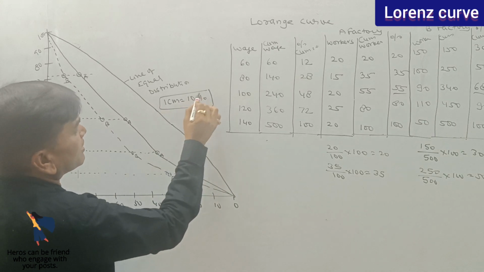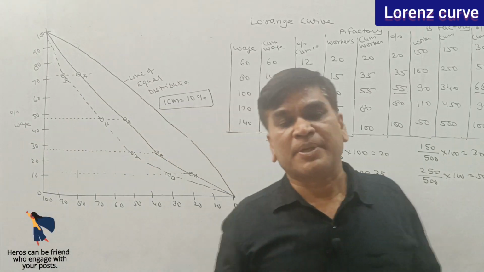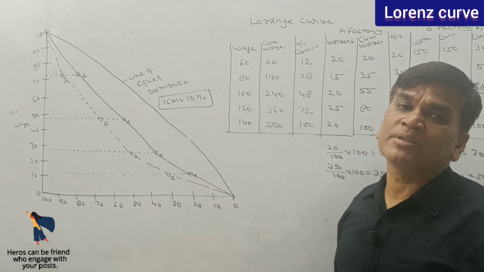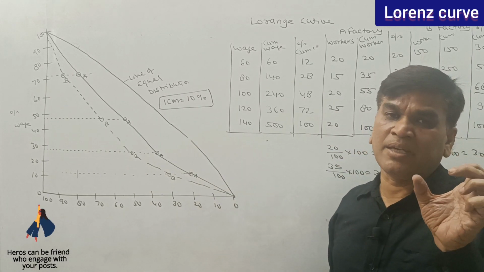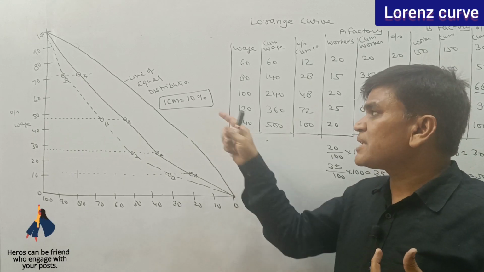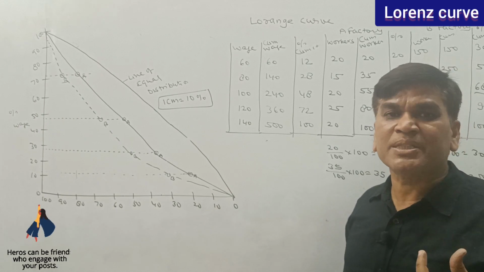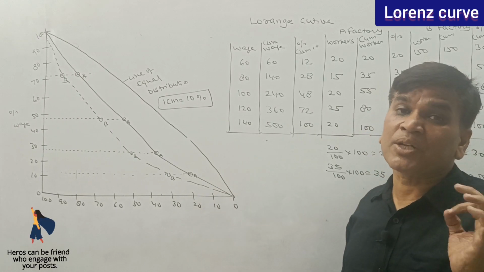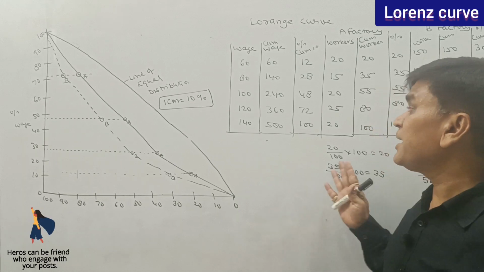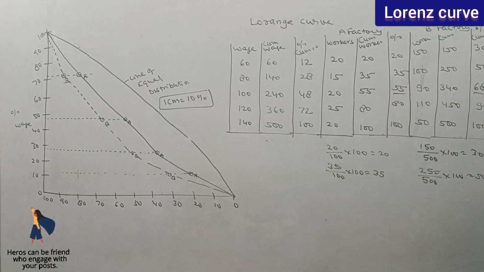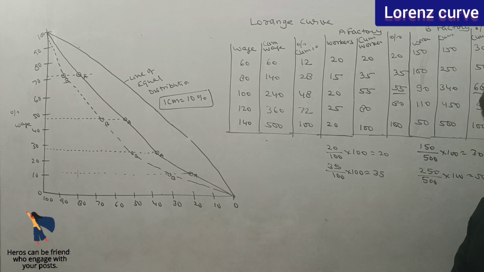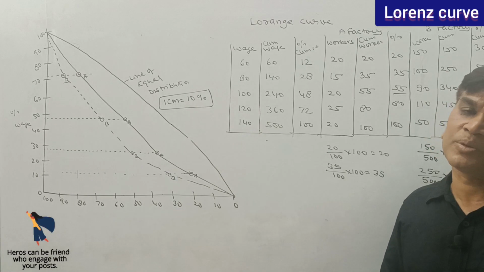If graph paper is given in the examination, there is a large box that contains 1 centimeter. So 1 centimeter is equal to 10 percentage. Then you can draw a very good graph and score 20 out of 20 marks if there is a question on the Lorentz curve. So I think with the help of this video, you may learn how to draw the Lorentz curve.